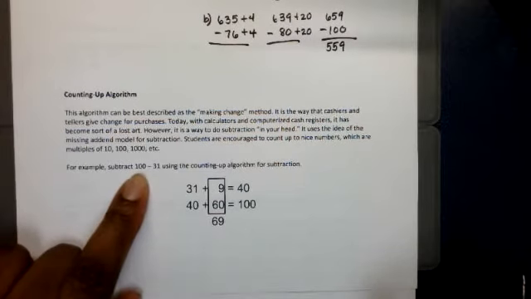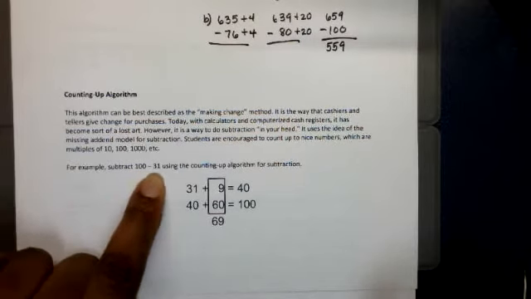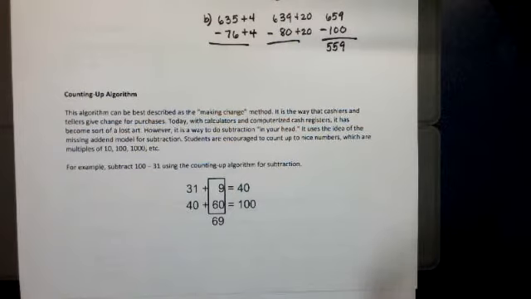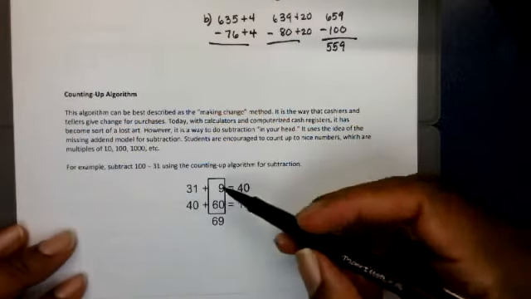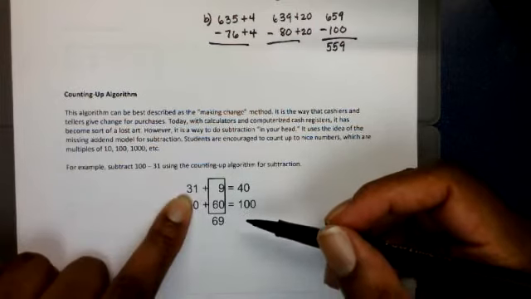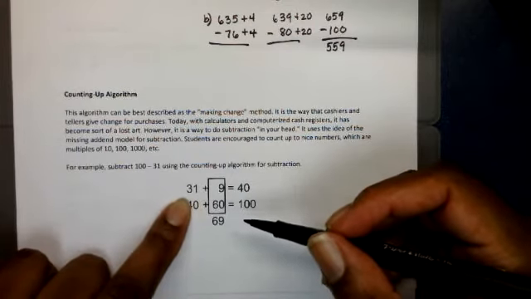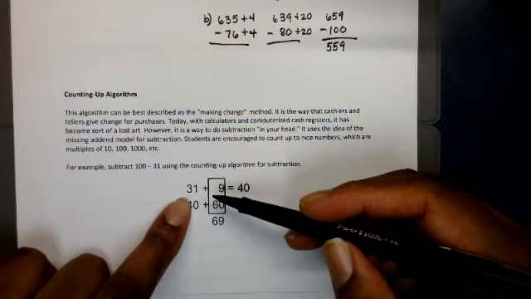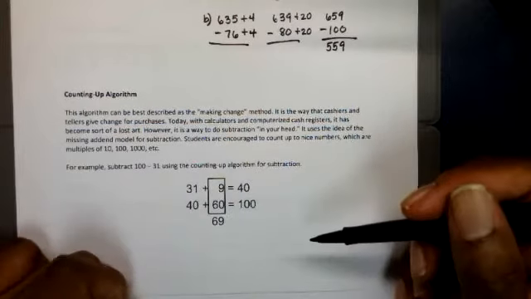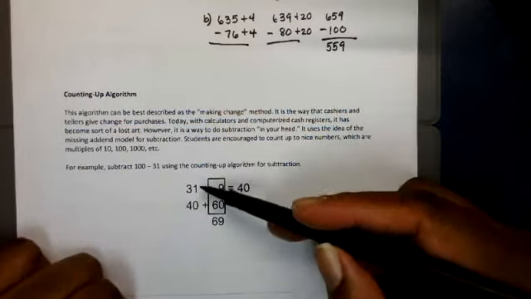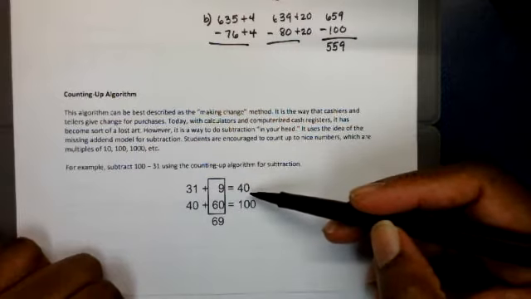Like, for example, if we want to subtract 100 minus 31 using the counting up algorithm for subtraction, this is what we do. We take the 31. Well, 31, we're going to add something to get a multiple of 10. Let's add 9 to the 31. That will be 40.